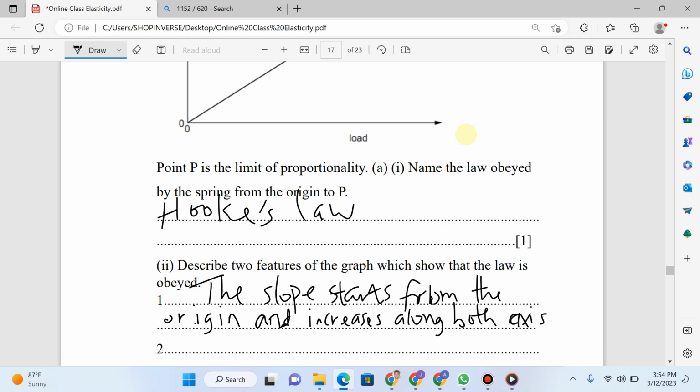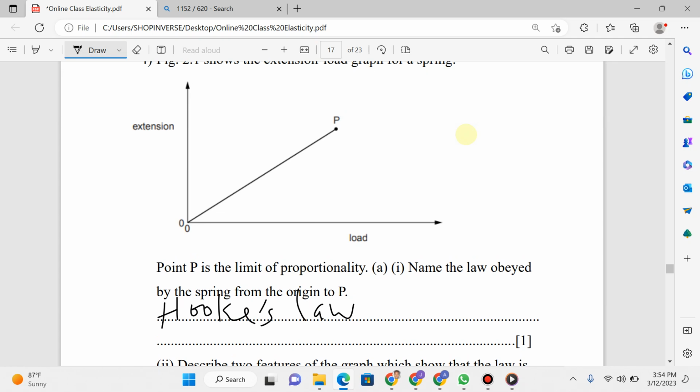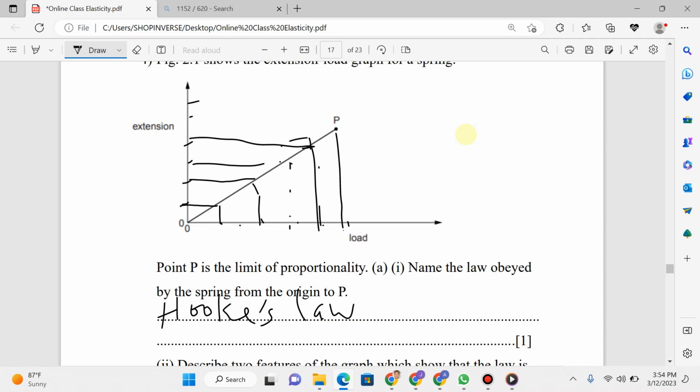So as the values on the x-axis are increasing, the values on the y-axis are also increasing. If you plot the graph, you get to realize that for every increase in load, there is a corresponding increase in extension. That shows that Hooke's law is being obeyed.